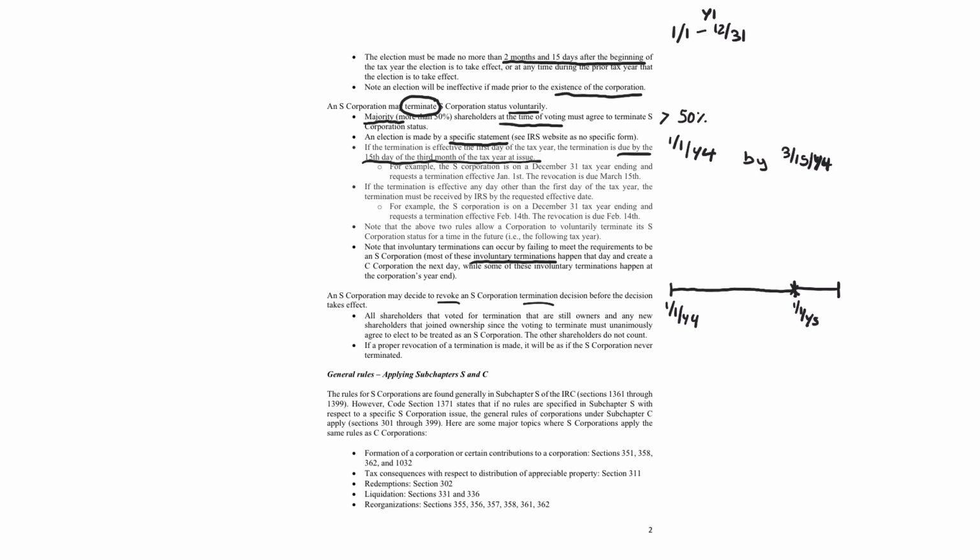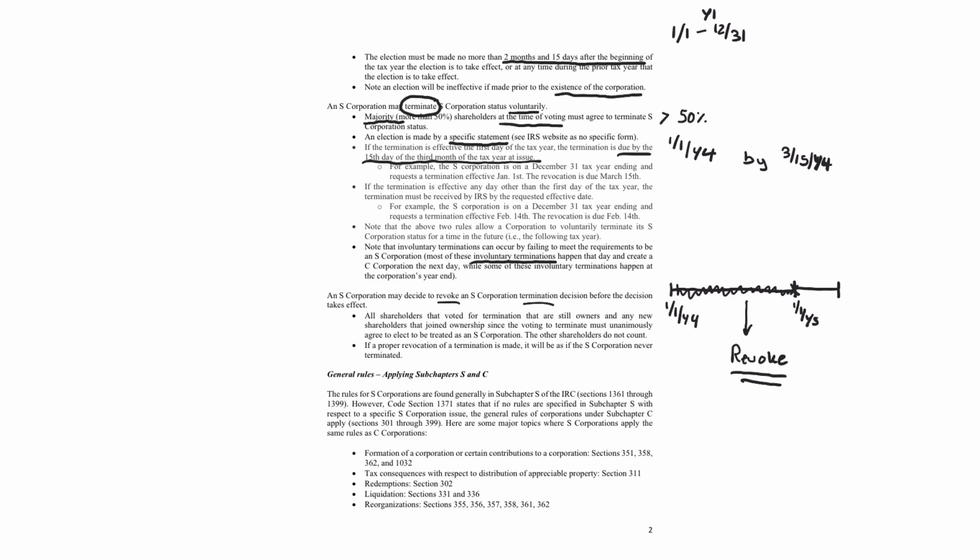Well, we have this entire year where we're still an S corporation. And we have that entire year to potentially, if we want, revoke our S corporation termination. So it's still possible. If we change our mind and say, hey, we want to be an S corporation, we can change our mind as long as we do so before January 1st of year 5 when it takes place. Once you get there, it's too late.